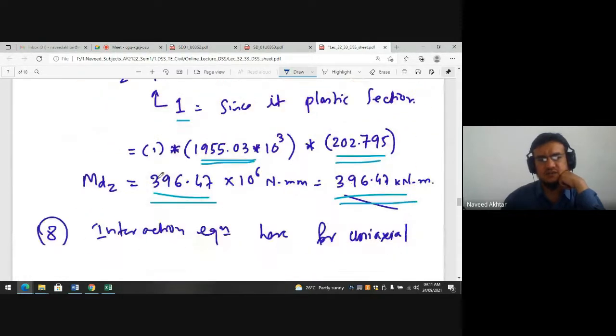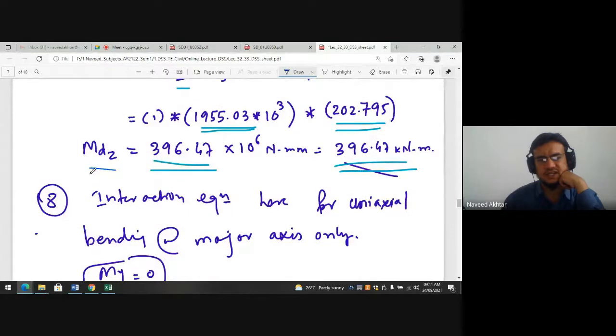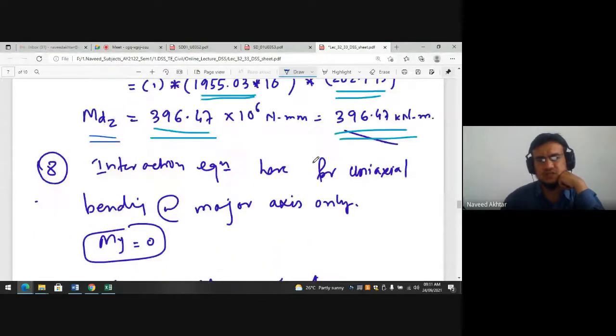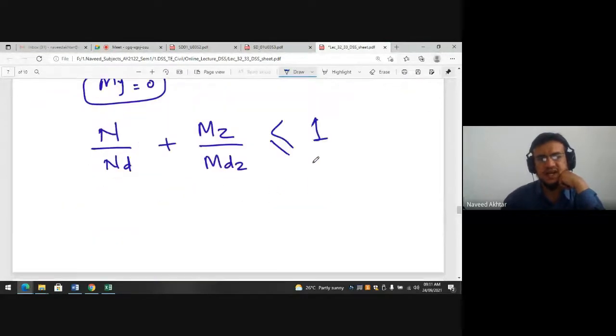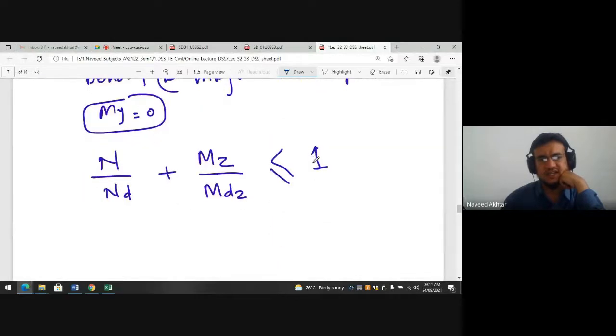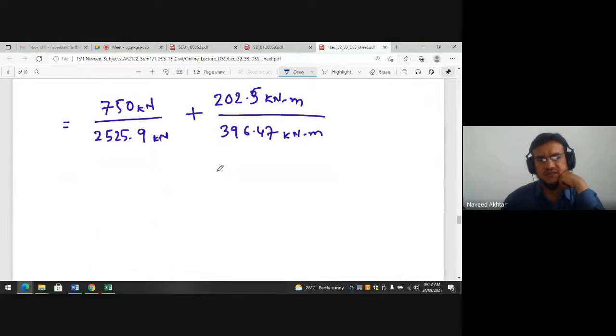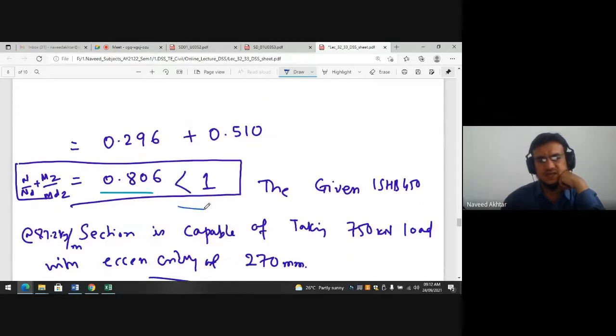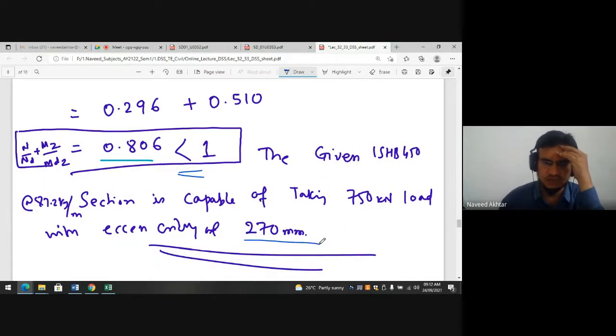When we put all the values, we get MDZ equal to 396.47 kN-m, and then from the interaction equation N upon ND plus MZ upon MDZ you find out, and this is less than 1. So we said that the given section is capable of taking 750 kN of load with eccentricity of 270 mm.